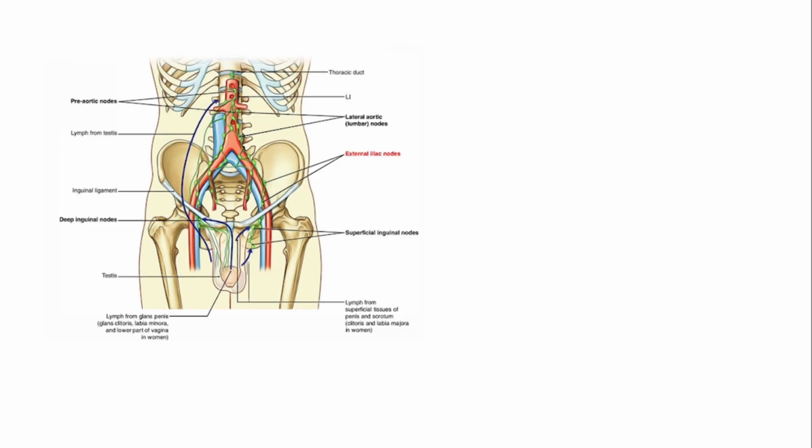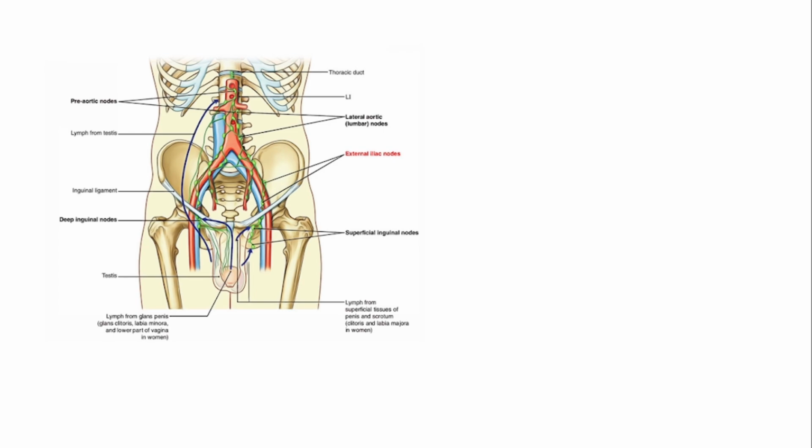We can see in the abdominal lymph nodes the unpaired lymph nodes related to the celiac trunk, superior mesenteric artery, and inferior mesenteric artery. And we will see the lateral aortic or lumbar nodes, which are paired lymph nodes.